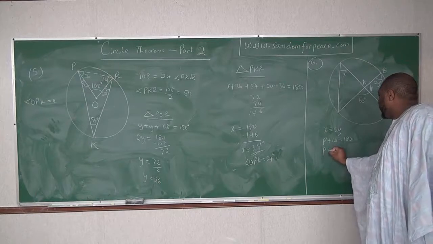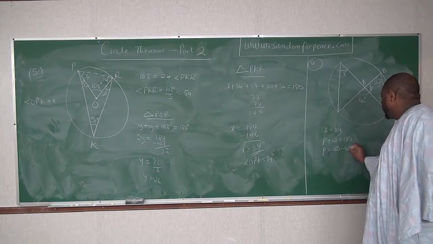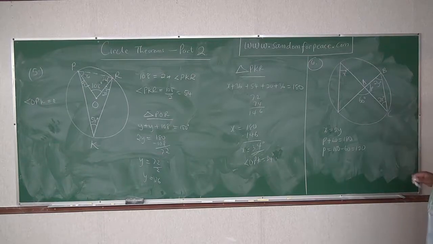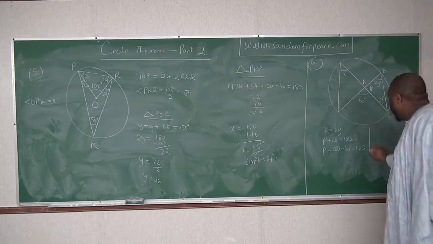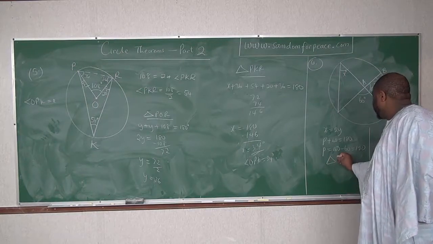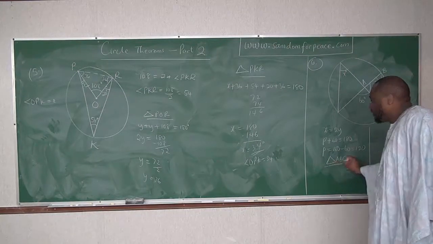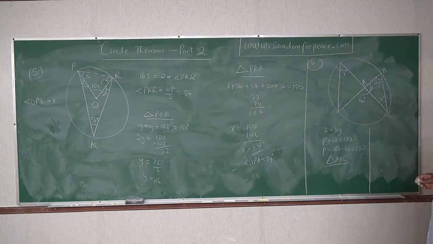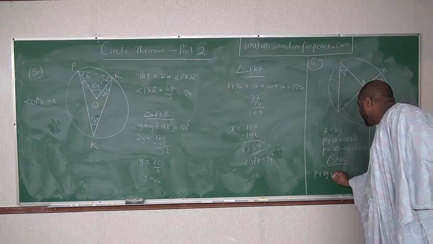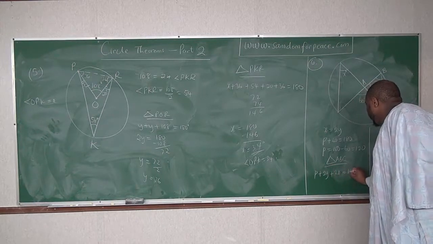So P will be 180 minus 60, which is 120. Now I have to consider triangle ABC. If you consider triangle ABC, then P plus 2y plus 2x is 180.